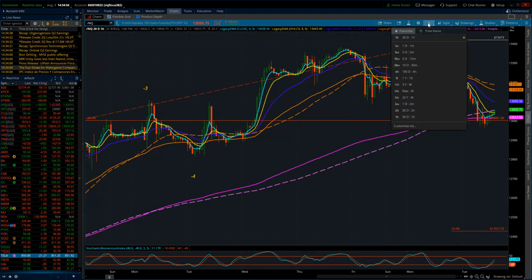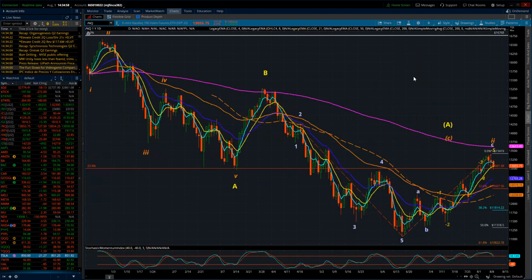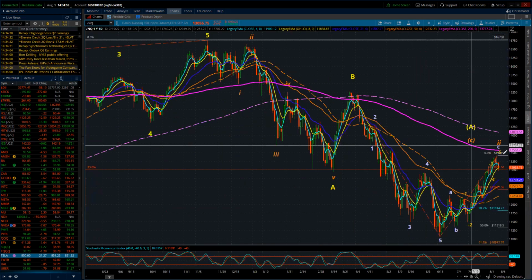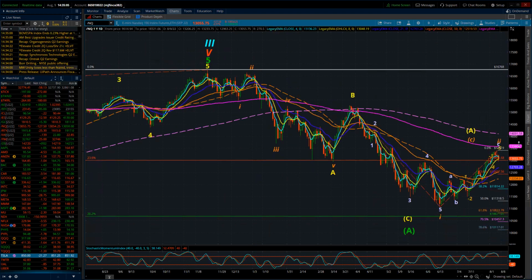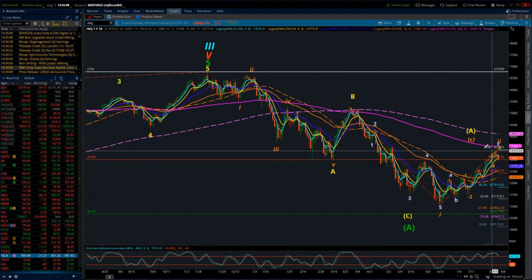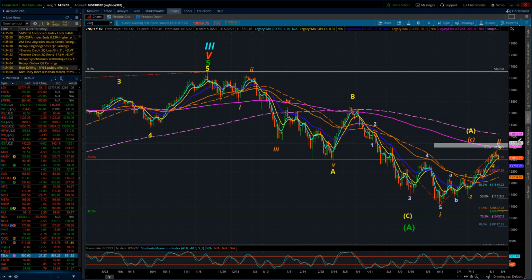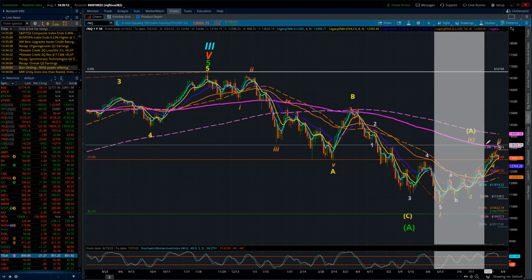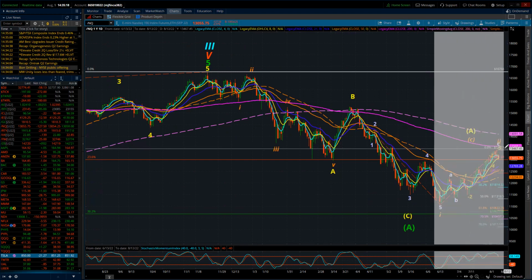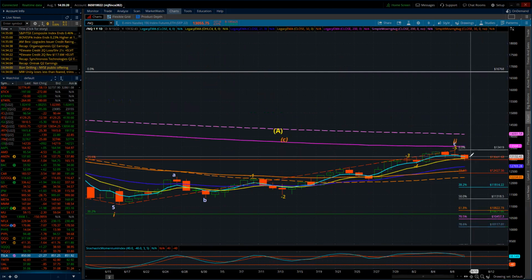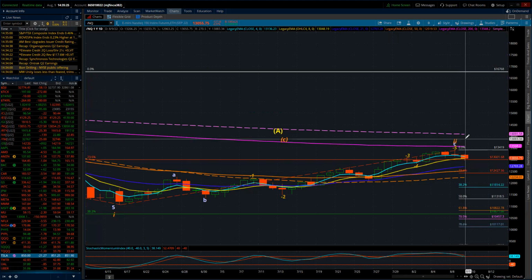What if it is this minor wave 2? Here are your fibs coming off. Again, as far as moving averages on the daily, we closed just above the daily 8.